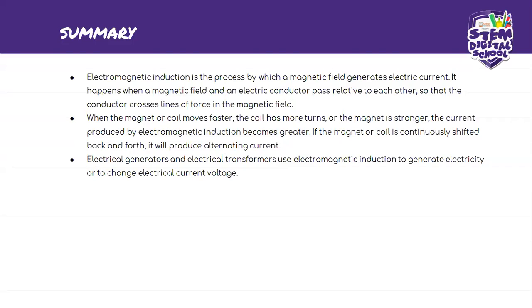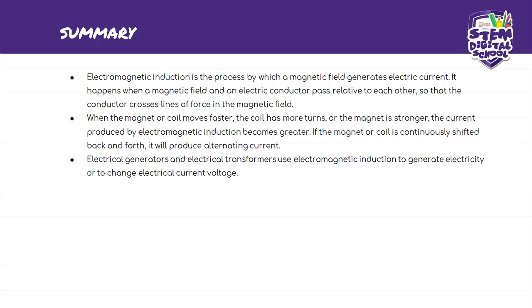Electromagnetic induction is a process by which a magnetic field generates electric current. It happens when a magnetic field and an electric conductor move relative to each other, so that the conductor crosses lines of force in the magnetic field. Basically, it's like cutting the lines of the magnetic field.